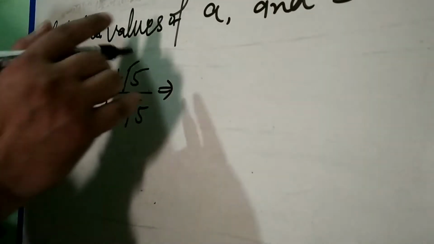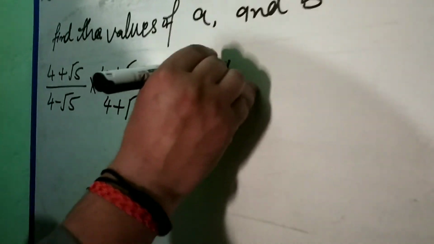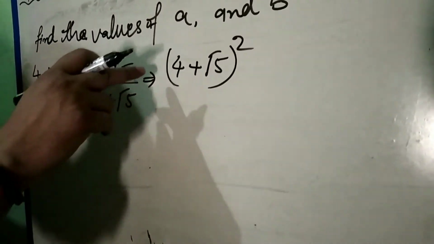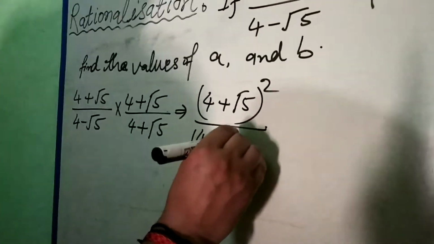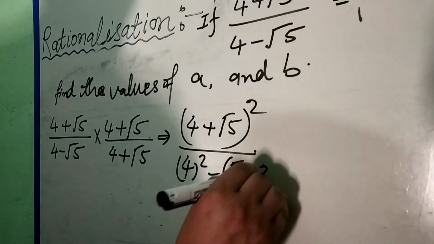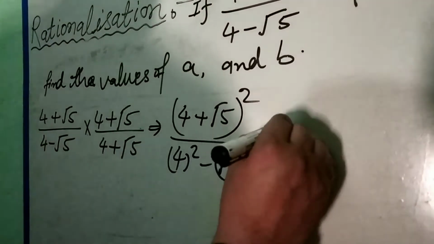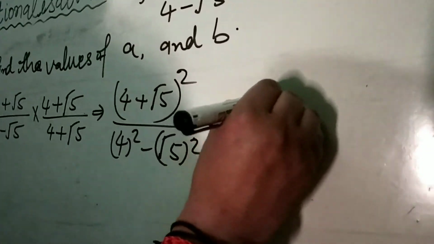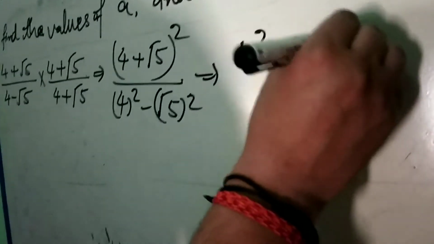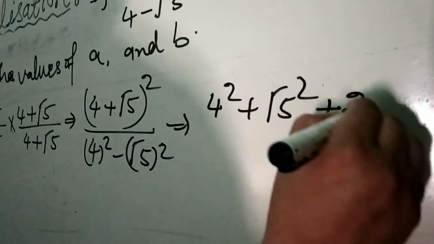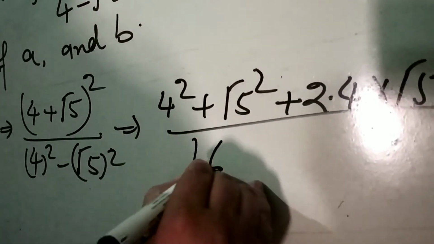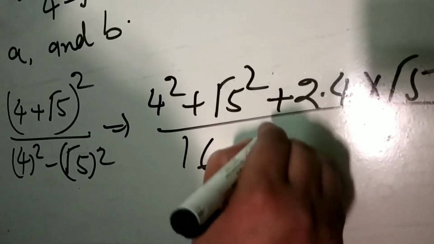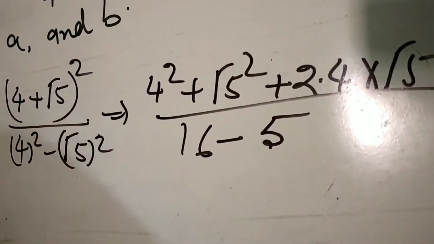So in the numerator, same number, so you will get 4 plus root 5 whole squared, because (a plus b) is a plus b whole squared, and the denominator is a squared minus b squared. Is it clear? Now expand that. 4 squared plus root 5 squared plus 2 into 4 into root 5 upon 16 minus 5.